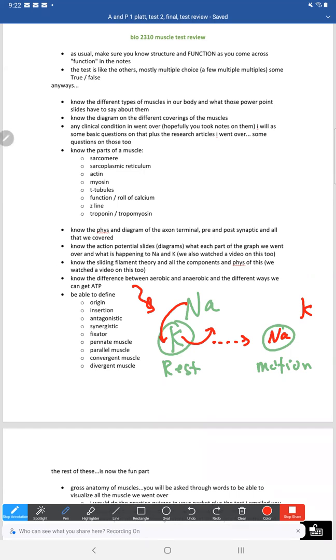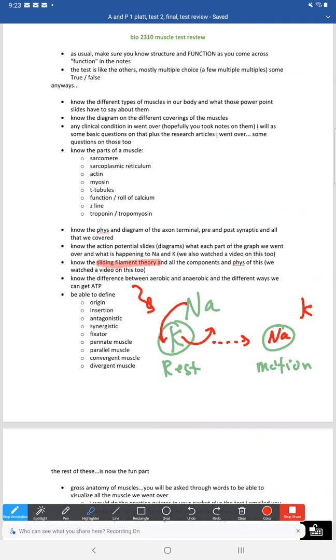Okay, the sliding filament theory. First of all, what's a filament? The filaments are the myofilaments, and that's the actin and myosin. And what happens when actin and myosin contract? They slide and glide over each other, and they pull each other toward the middle, right?